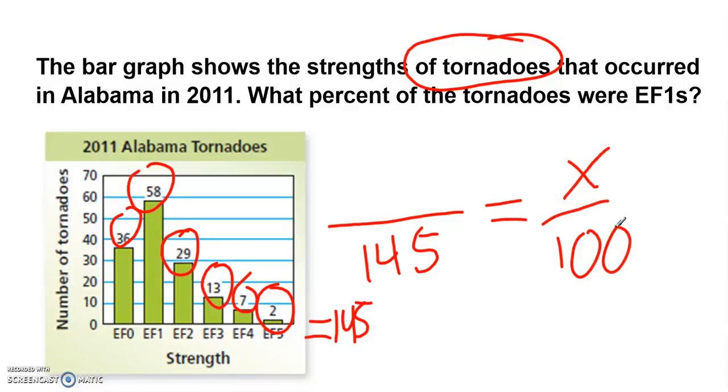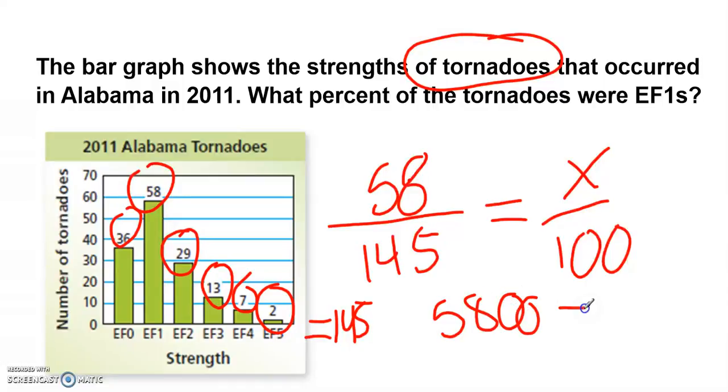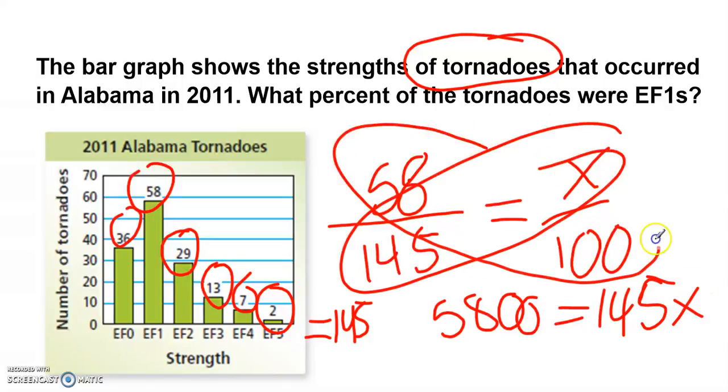And the EF1s, so if we look in this column, the EF1s are 58. So then I don't even know if it's going to be simplified, but yeah, you know what, I'm not even going to simplify it. So this is going to be 5,800 equals 145x when I cross multiply.